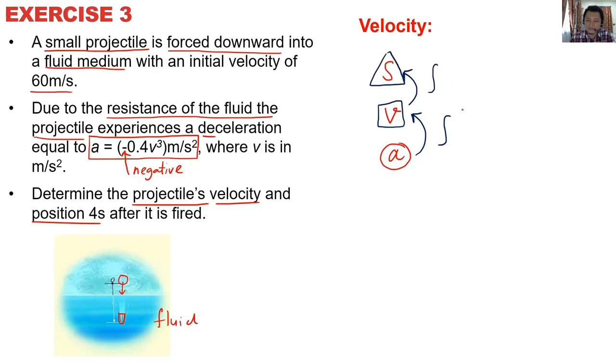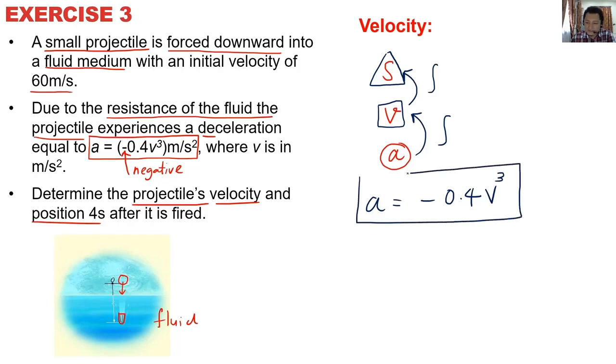Integrate one more time. So A is a function of negative 0.4 V cubed. So this is our mathematical equation. So you need to find out what is the projectile's velocity and position.